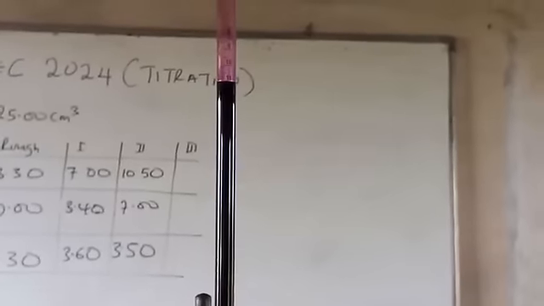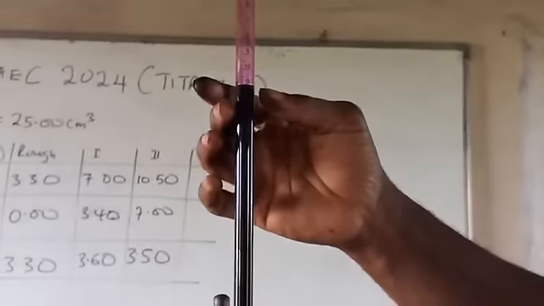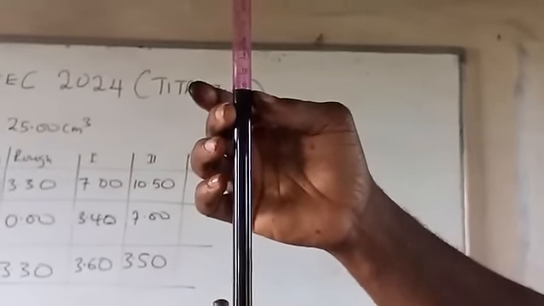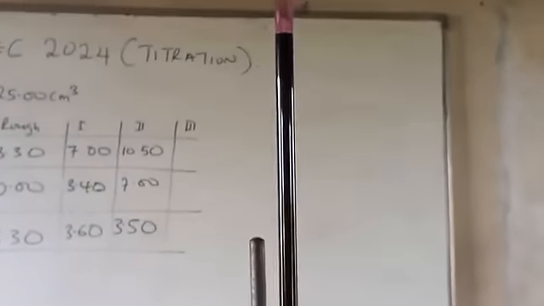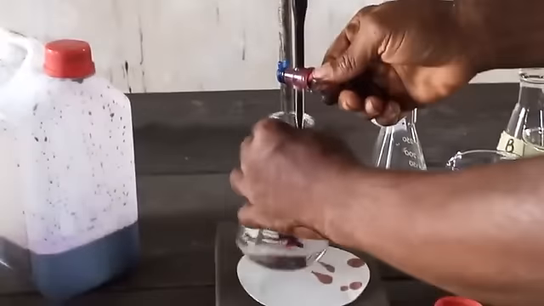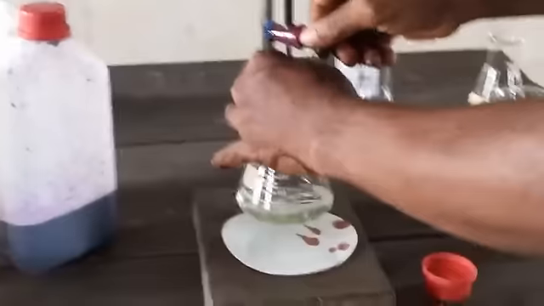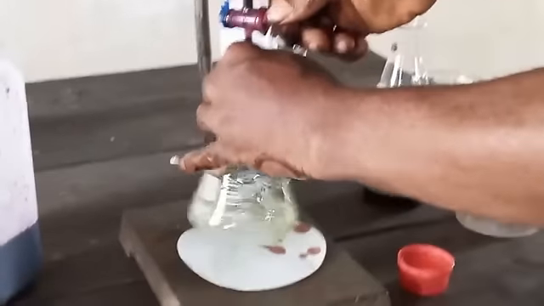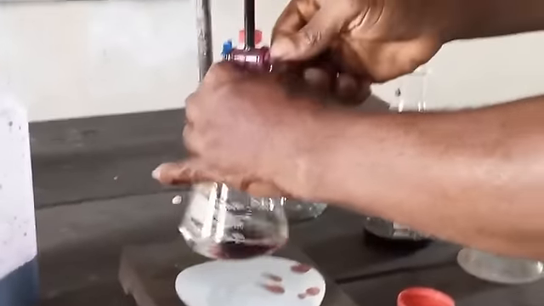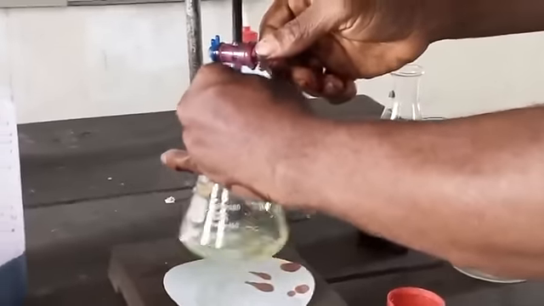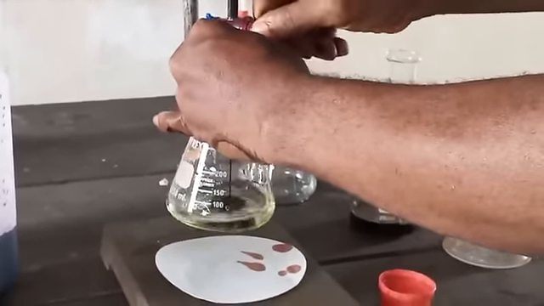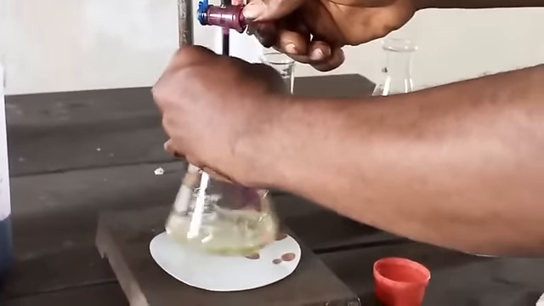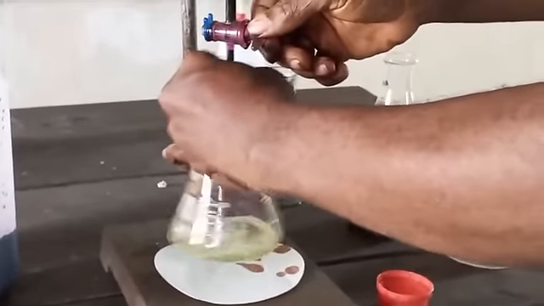We're now doing the third titration. We're starting from 11. Initial reading 11. And then we're going to run the permanganate into the acidified iron sulfate. It's almost changing.